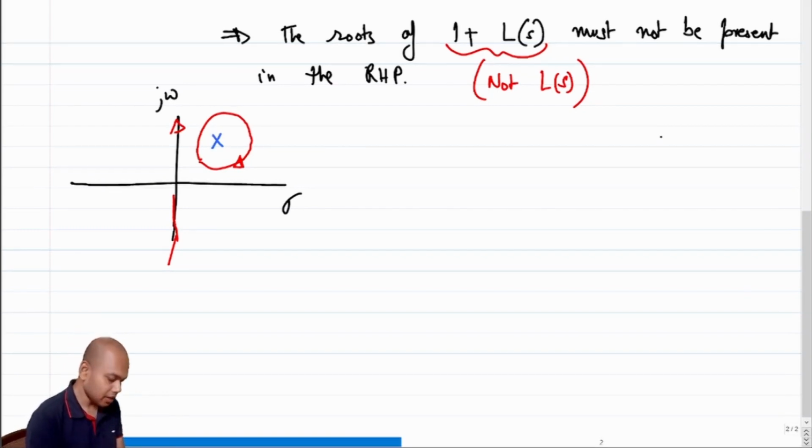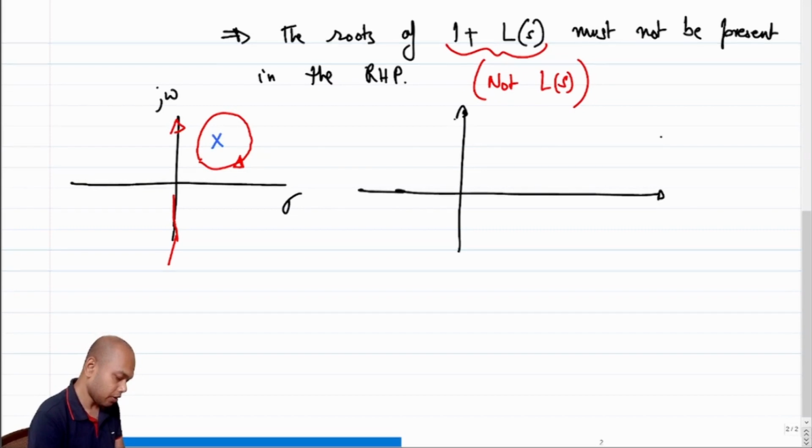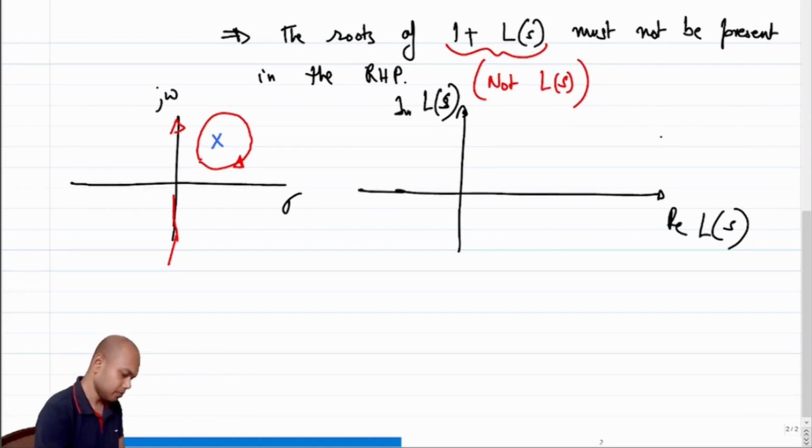Need not be a circle, in a closed contour. And if I correspondingly plot real of L of s and imaginary L of s, if I plot this, what will I get?